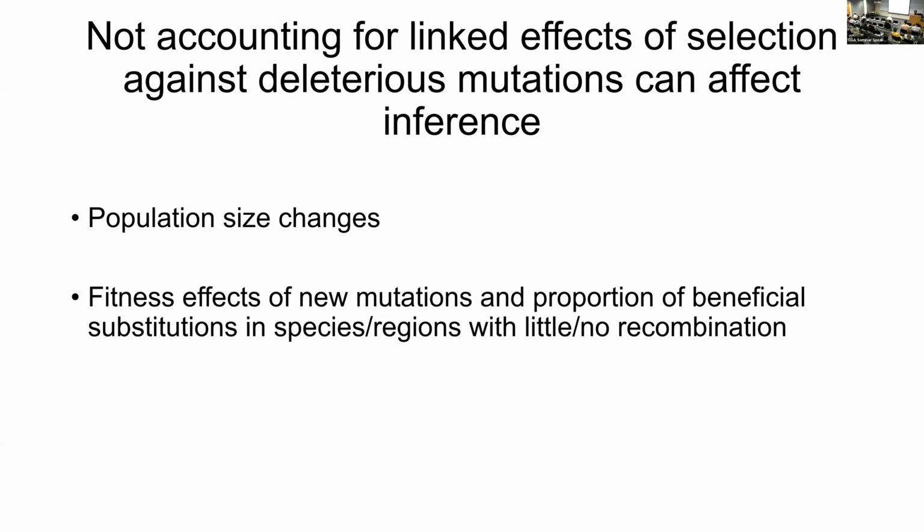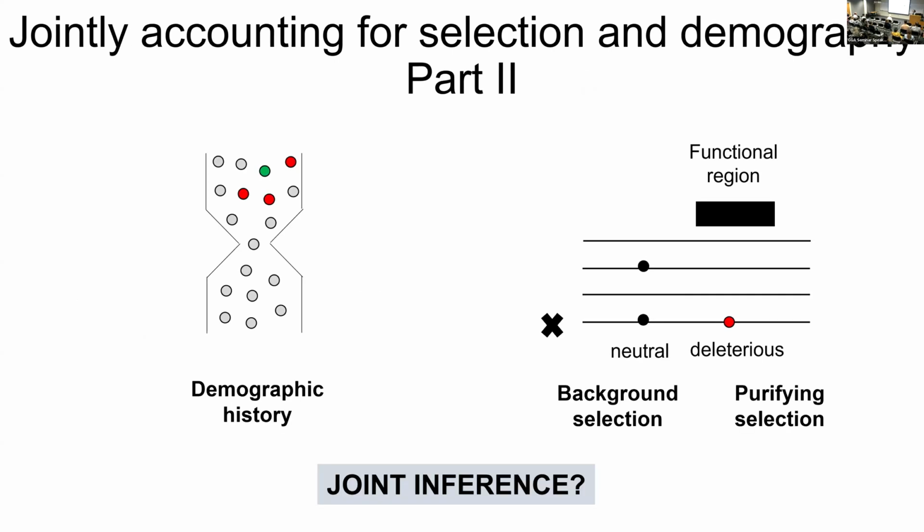Okay, so what kind of solution can we think about, if these are problems? We thought that perhaps we can perform some sort of joint inference where we are simultaneously inferring population history and selection coefficients while accounting for this linkage in that particular scenario or population.